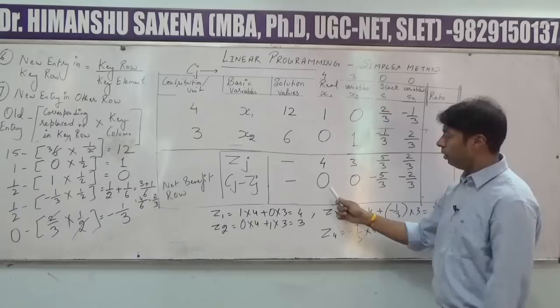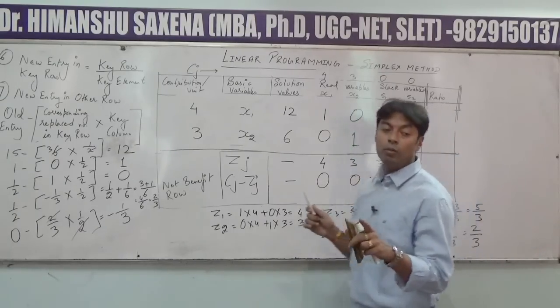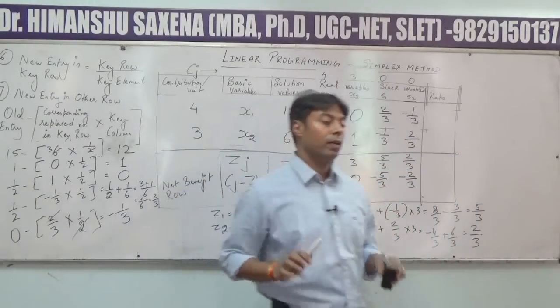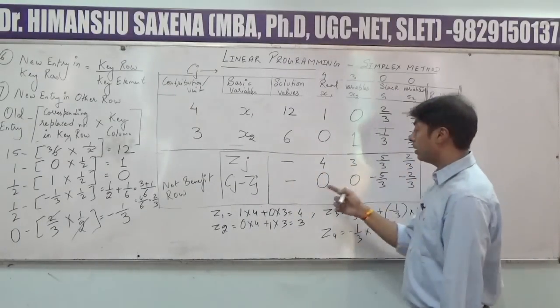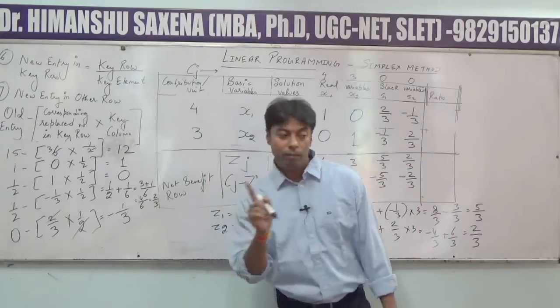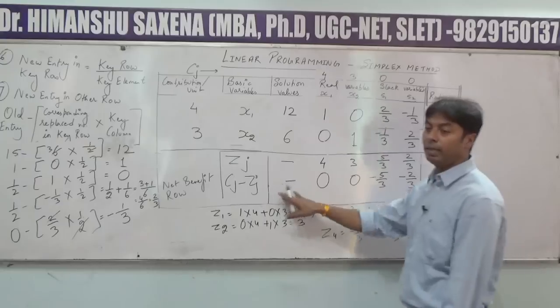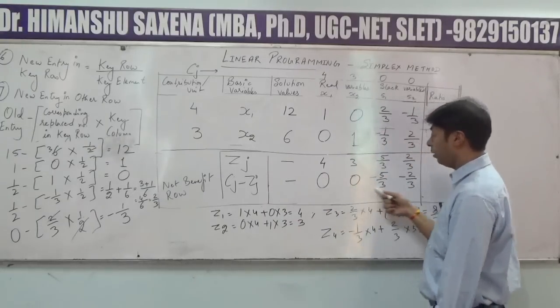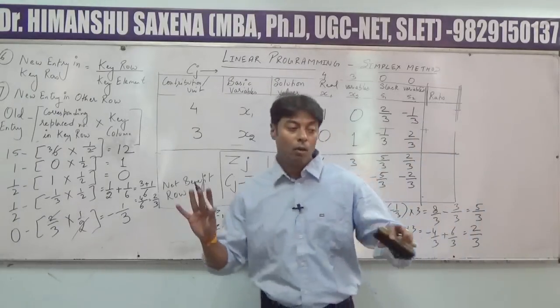Now since all the values in this row Cj minus Zj are 0 or negative, our process ends over here because we cannot select any key column. Since you were told that key column is always the highest positive value from Cj minus Zj. Now since all the values are either 0 or negative, the whole process ends over here.